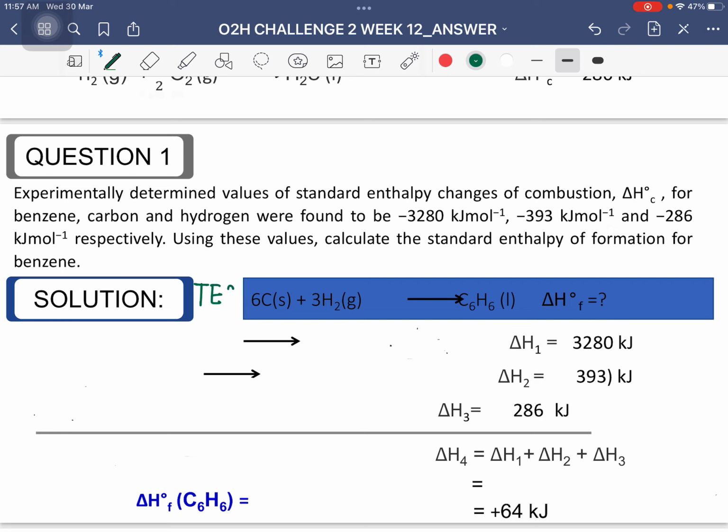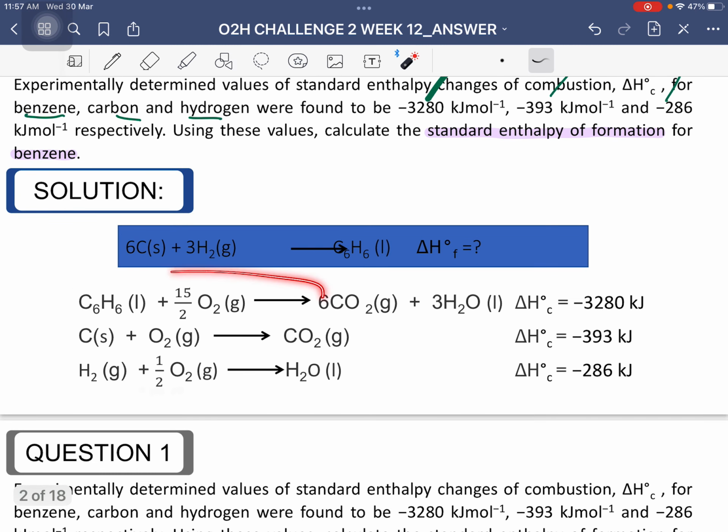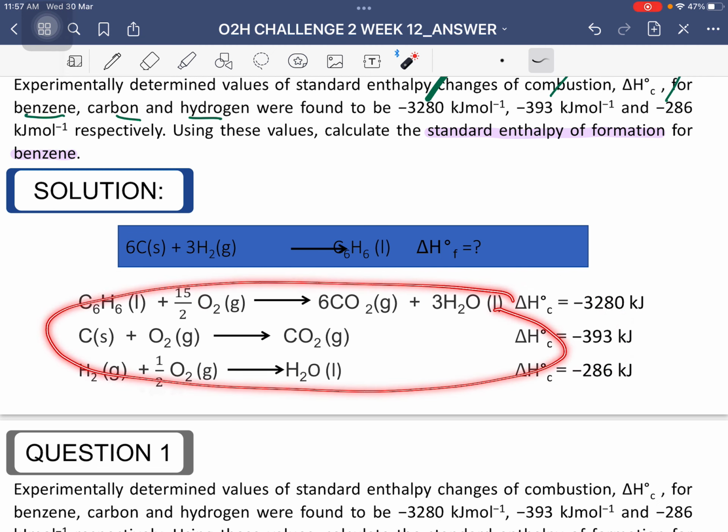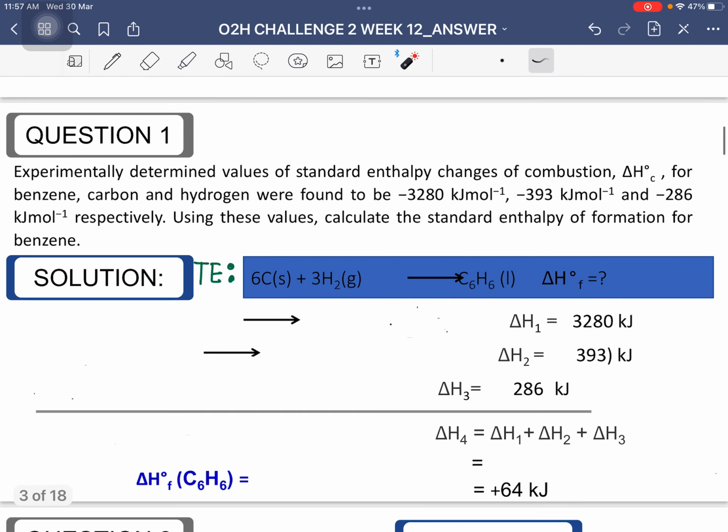This is our target equation. After we write down our target equation correctly, we use the equations that we have constructed, and then apply the algebraic method.